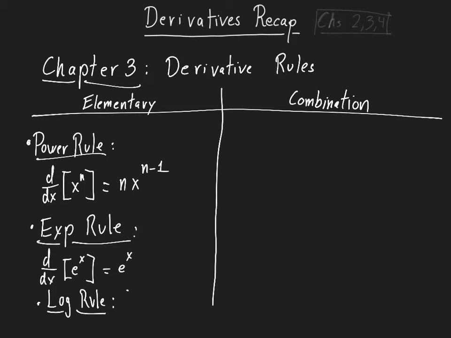The log rule tells us that the derivative of the natural log of x is equal to 1 over x. These are the three elementary rules that we saw in this class.